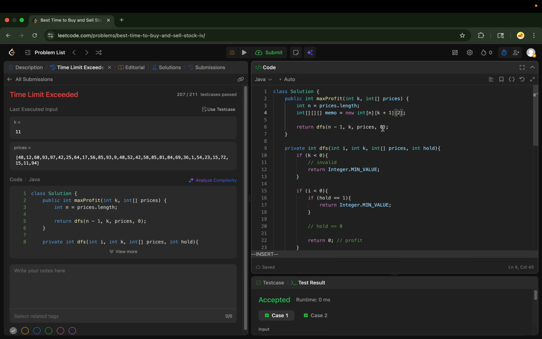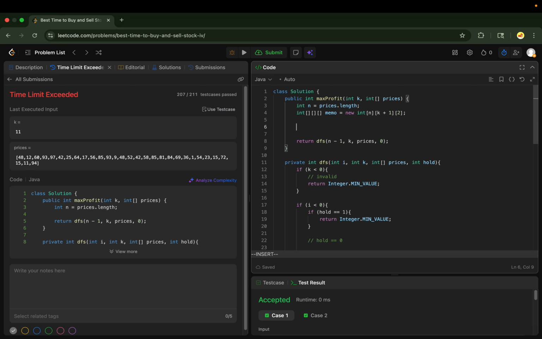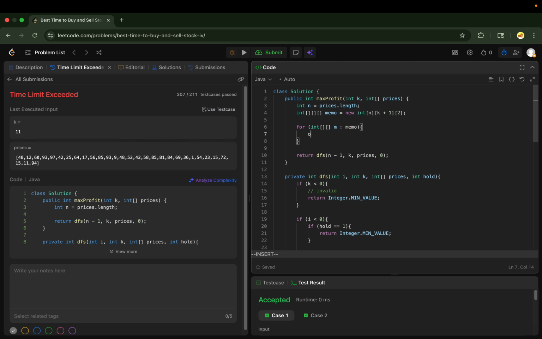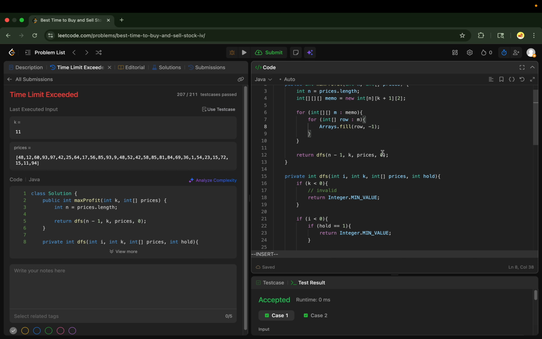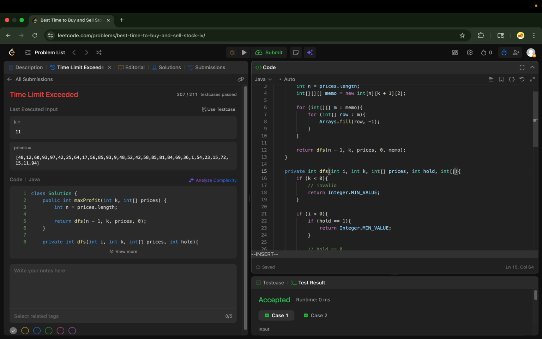And for here we need 2 spaces. Okay, so for the int, we can translate to here and update here. It's memory.